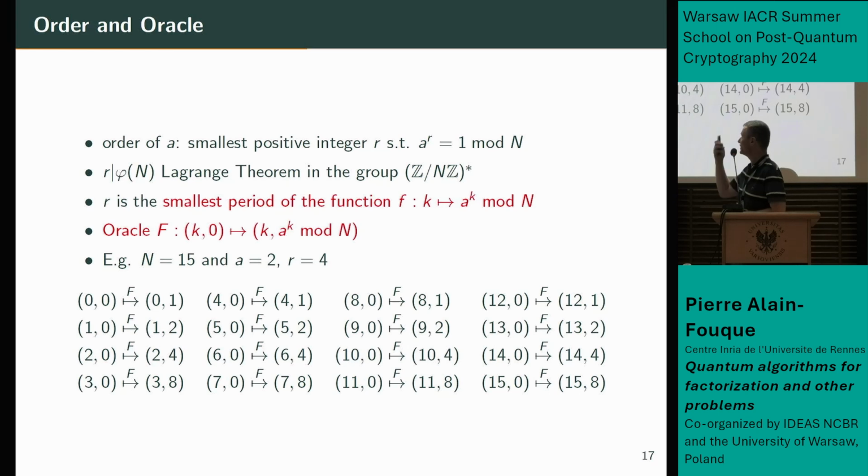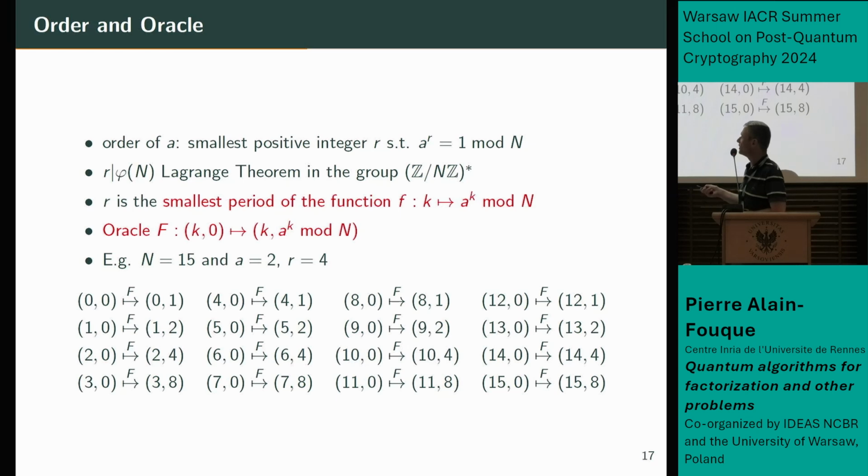Okay, if I begin with 5, so I have 2 to the power 5 is 32, and 32 is congruent to 2 mod 15. If I begin with 6, 2 to the power 6 is 64. It will be 4 mod 15.